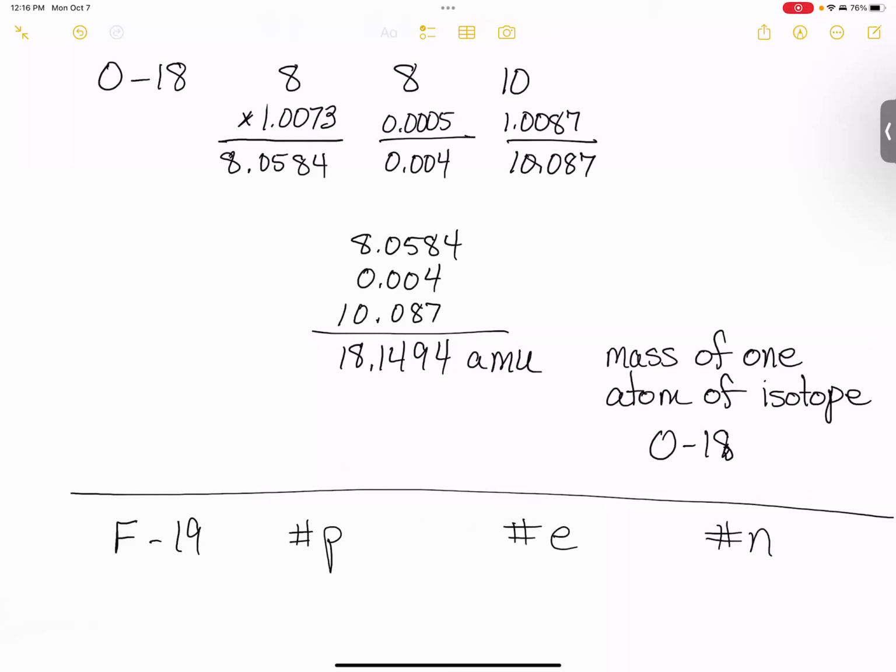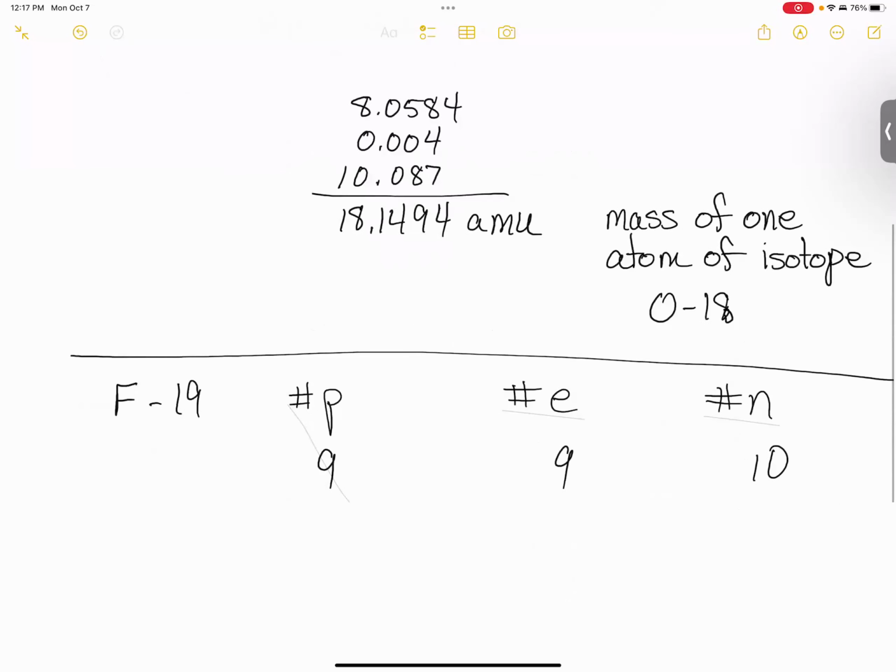If I have fluorine 19, what do I know about the protons? There are 9 because it is fluorine, meaning there's also 9 electrons. So how many neutrons must there be? 10, because the number of protons plus the number of neutrons equals the mass number.